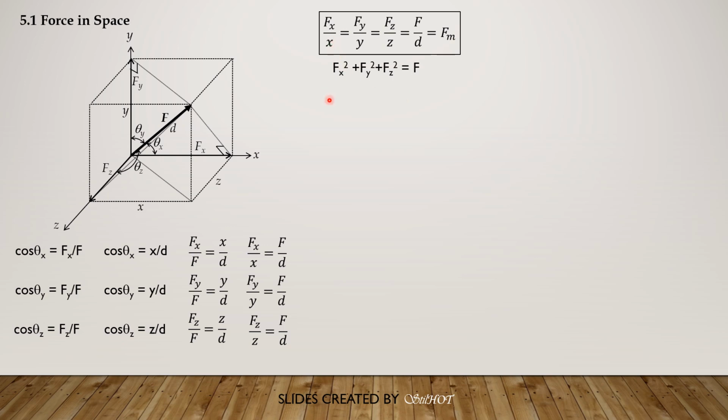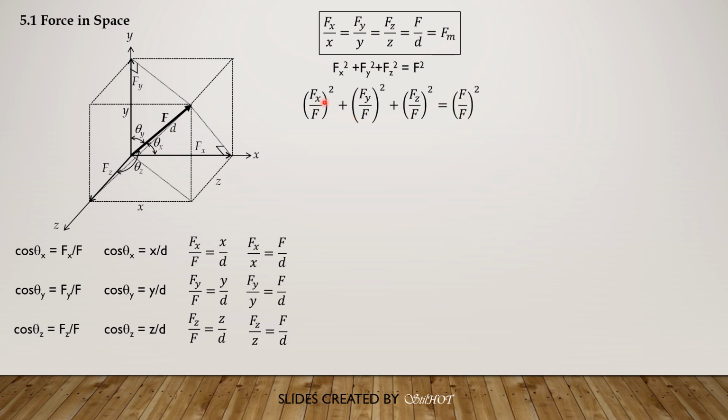Then also Fx squared plus Fy squared plus Fz squared, the sum of the squares of the components, is equal to the square of the force. Dividing everything by F squared, we have (Fx over F) squared plus (Fy over F) squared plus (Fz over F) squared equals (F over F) squared.